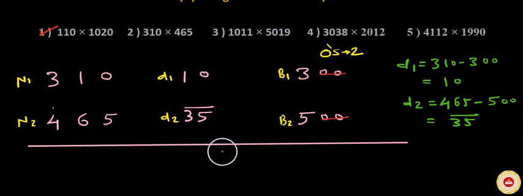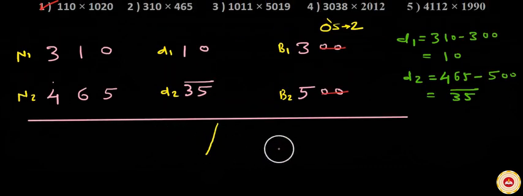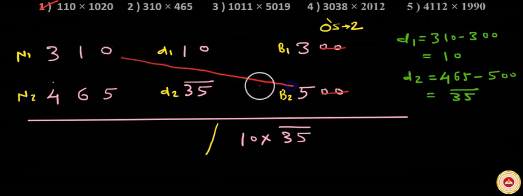Now let us draw a slash to separate the right part and the left part. Step number 1: calculate the right part. The right part is the product of D1 and D2, that means 10 multiplied by negative 35. What is the left part? Step number 2: either 310 multiplied by 5 plus negative 35 multiplied by 3.